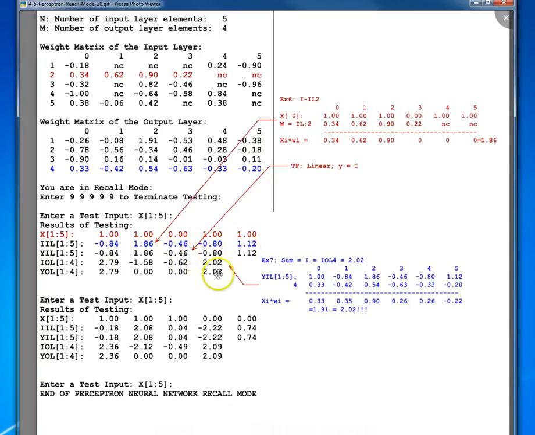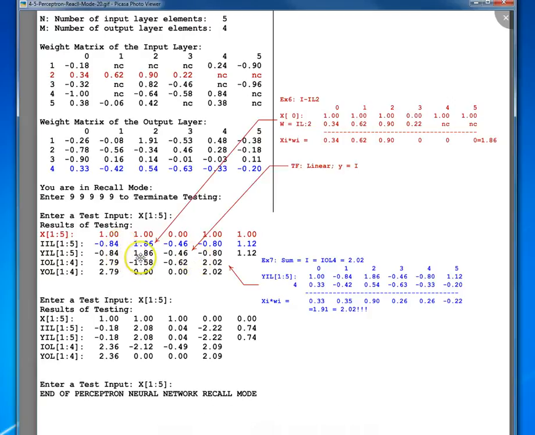Now once you have that, you use this internal activation to compute the internal summations of the output layer. If we take this element here, this is I4. You apply these input activations multiplied by the corresponding elements of the weight matrix, and you will get the value of I4. What are the activations?